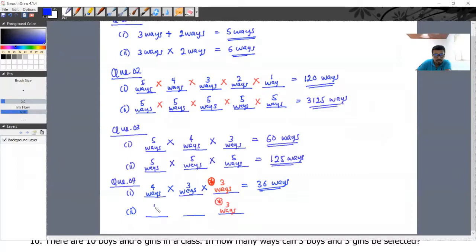It means I can use a digit which I have used previously. Therefore, there are 5 ways. Here also we have 5 ways. A digit which we have used previously can be reused. So altogether there should be 75 ways.